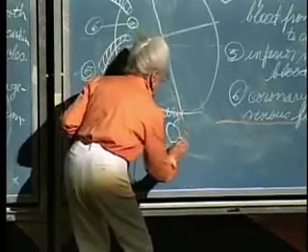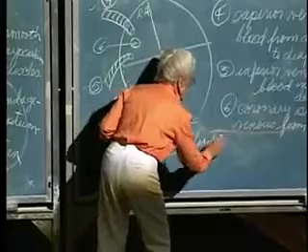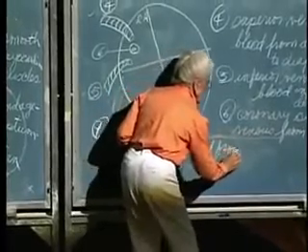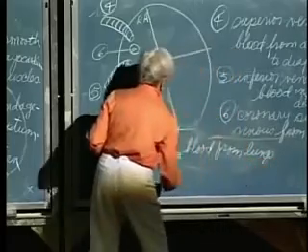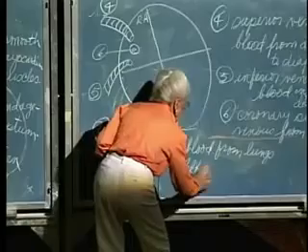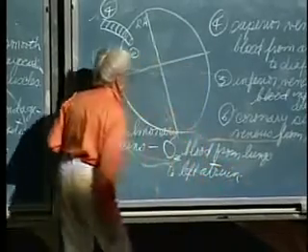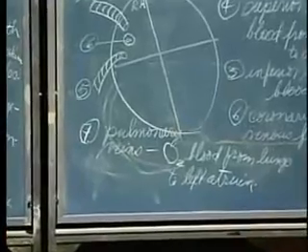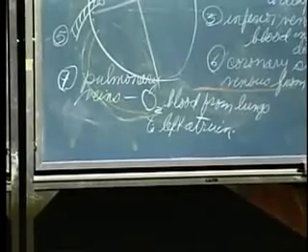So oxygenated blood from lungs to left atrium. So we've brought in all the venous blood into this side. We're bringing oxygenated blood into this side.